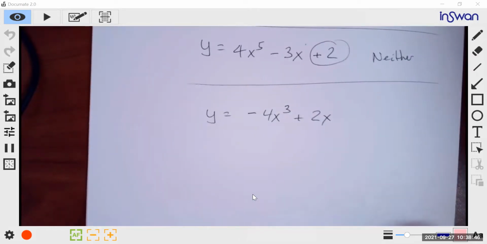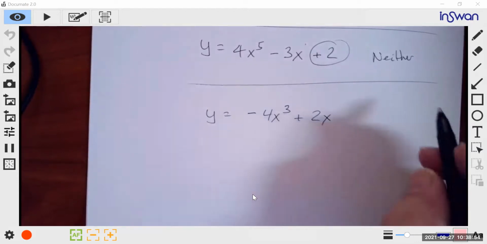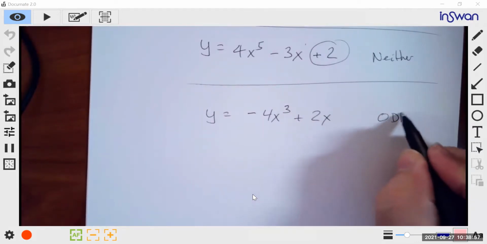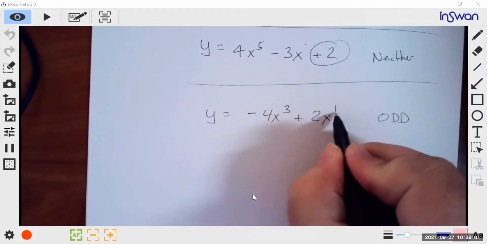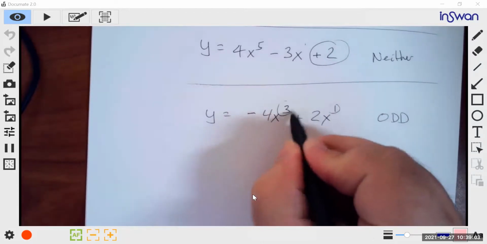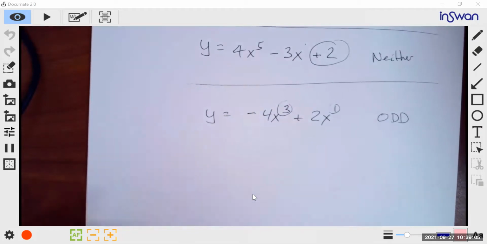Odd, even, or neither? Why? If there's nothing on the top, it's 1. So that's odd. All the exponents are odd. No constant.